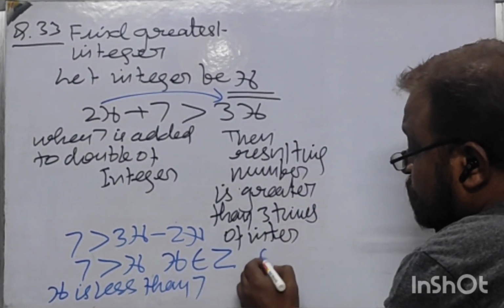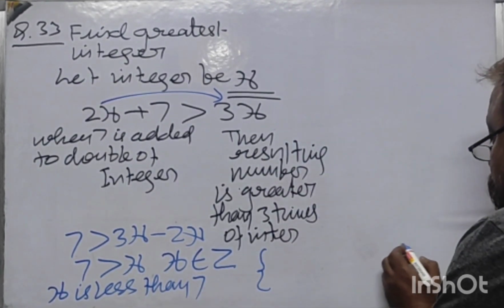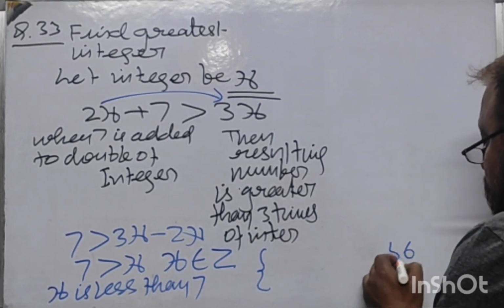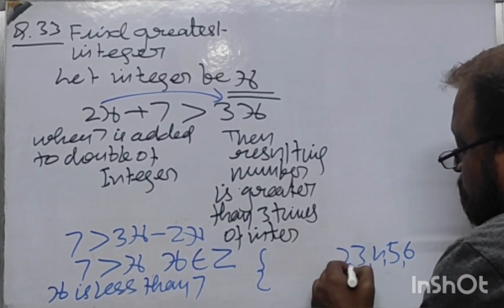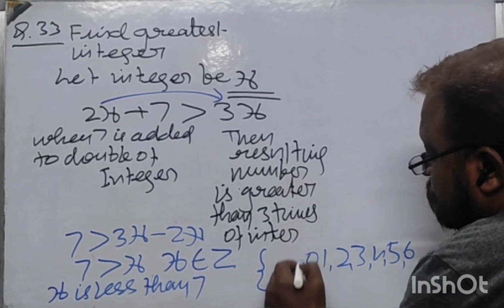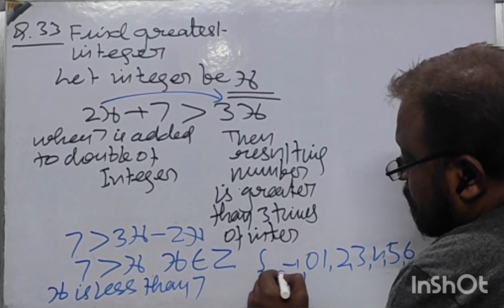So the solution set will be 6, 5, 4, 3, 2, 1, 0, minus 1, and so on.